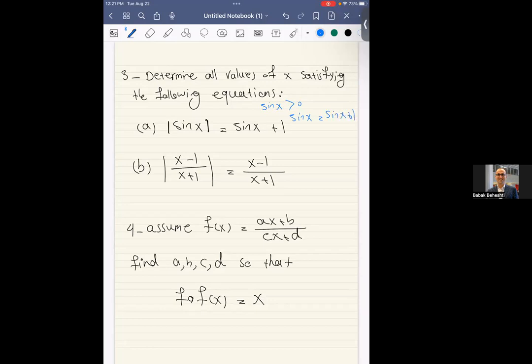But this doesn't have any solution because here you have 0 equal to 1, since sine x cannot be equal to sine x plus 1. So no solution. That means you might have a solution when sine x is negative.